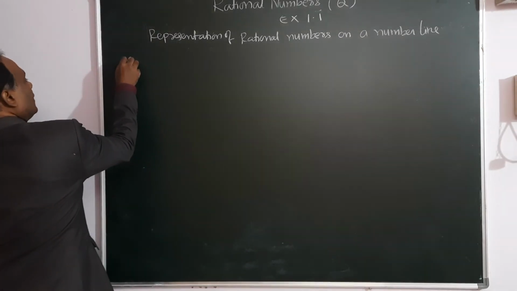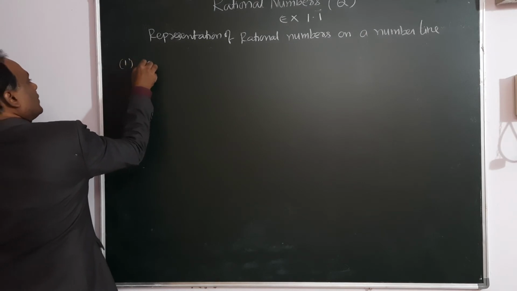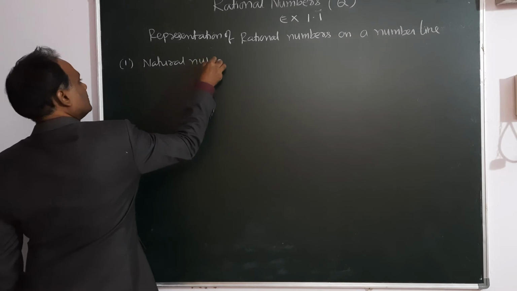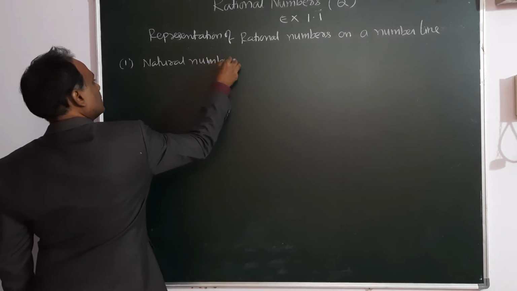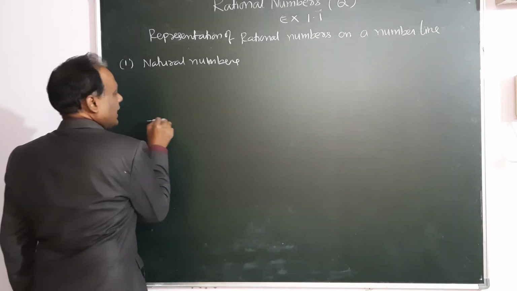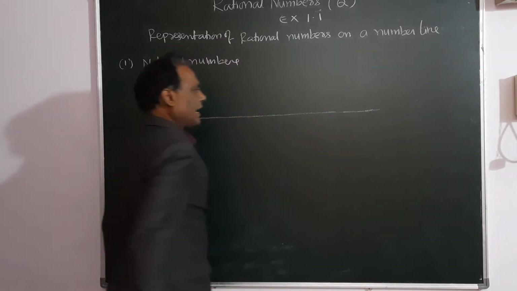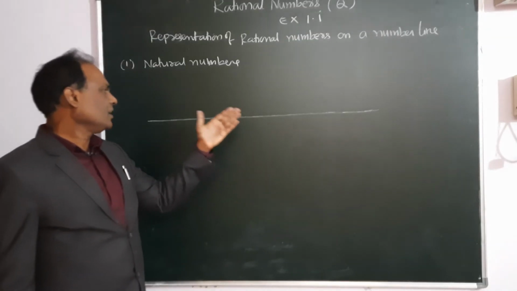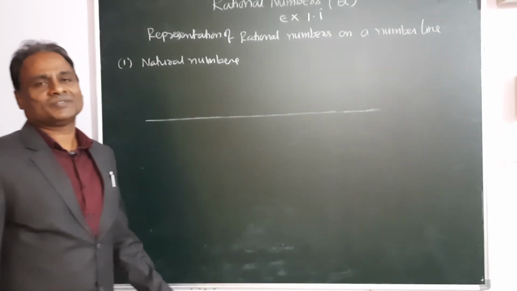First, before going to the rational numbers, let us start with the natural numbers. Number line means draw a line and represent the numbers on it. That's all.